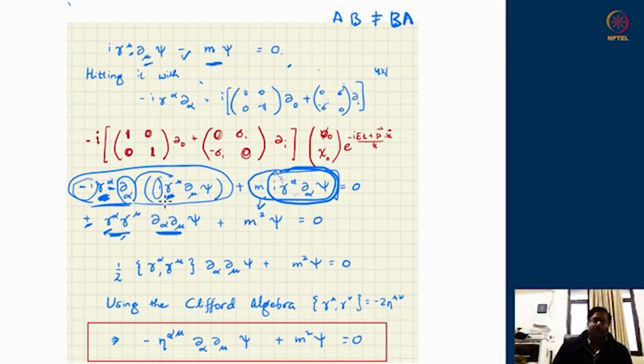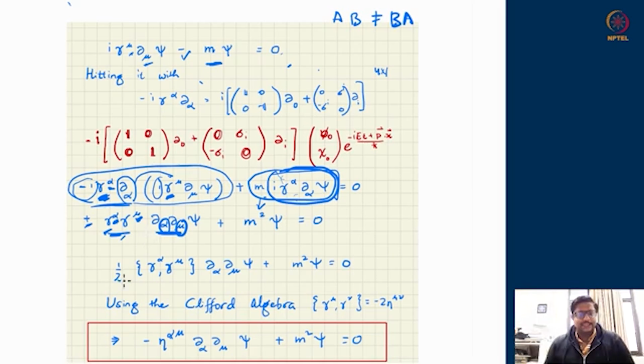Okay. While the first term, I have a gamma alpha gamma mu and the two partial derivatives. Now you can see what I can do. This alpha is also summed over, mu is also summed over. Alpha is going to take value 0, 1, 2, 3. Mu is also going to take value 0, 1, 2, 3.